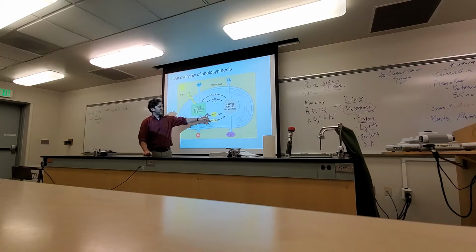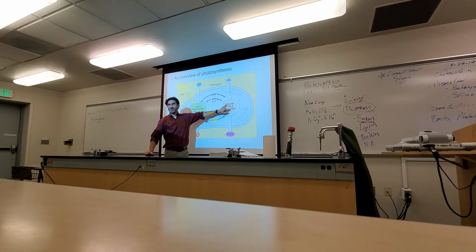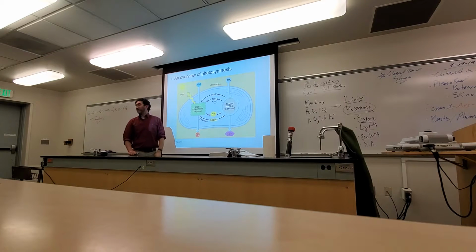These are produced here, and then they're used in the cycle as a way of making what's going to become glucose. Yeah? How is it that sunlight acts as a catalyst to create this? We're gonna get to that. Okay, cool. All right.